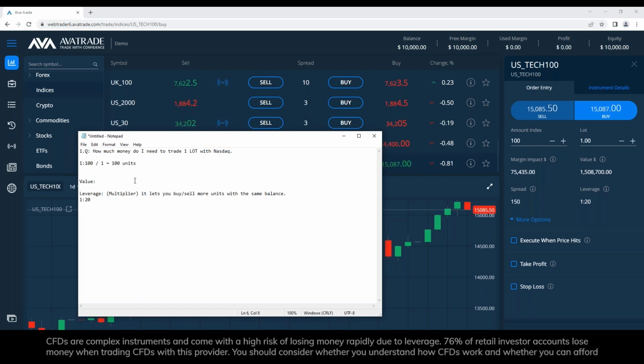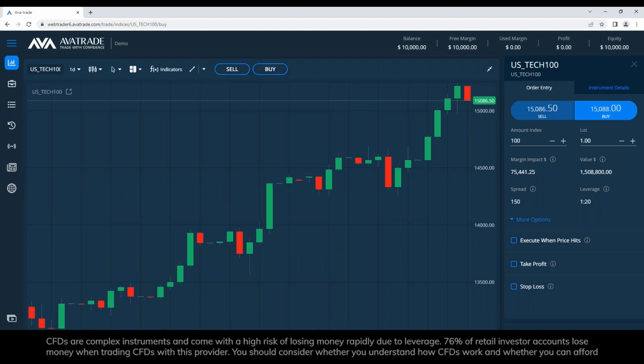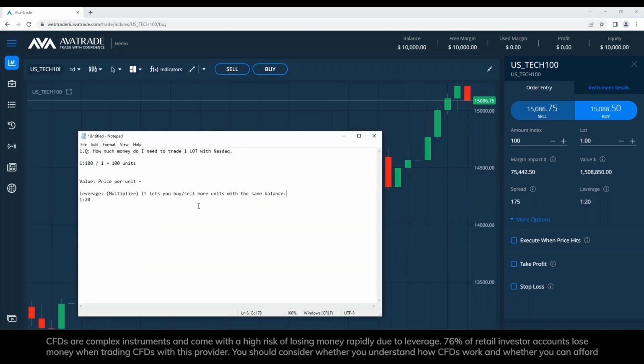The value, how does it work? We're going to take the price per unit, 15,086, and multiply by 100.